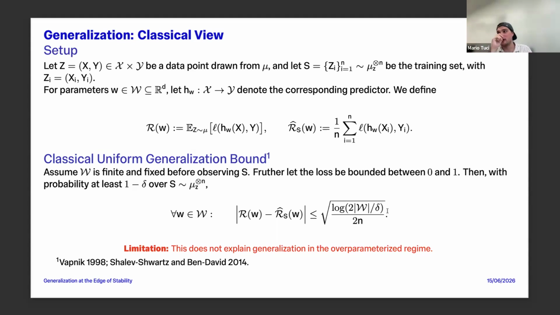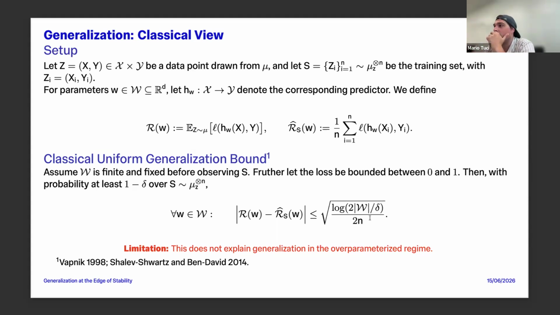We could stop, but the problem is that current neural networks are completely over-parameterized. On the right-hand side, when we look at this bound, we see the cardinality of this finite set. Those bounds can be easily extended to infinite cases. Two main references here are Vapnik and Shalev-Shwartz, which basically bound this in terms of covering numbers.